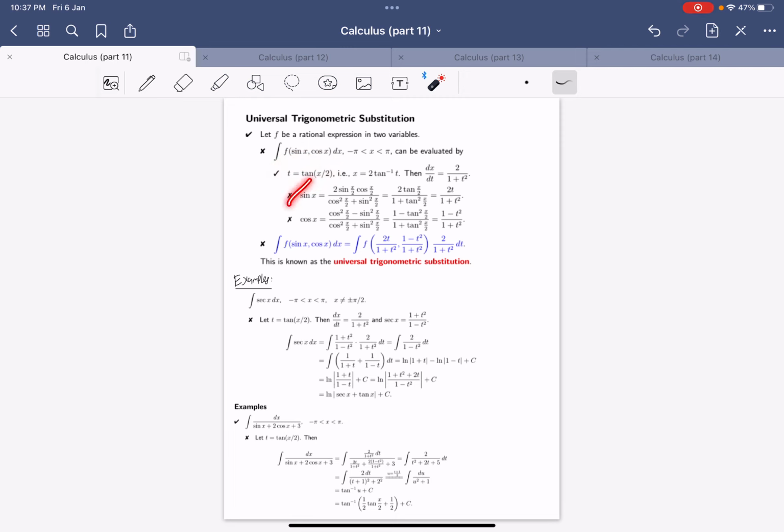If you use this substitution, then sine x is this and cosine x is this, and you're basically able to reduce that function into some sort of rational function at the very least, which you can then integrate using what we have already done for integrals of rational functions. Then you just have to resubstitute x equals 2 times inverse tangent of t.